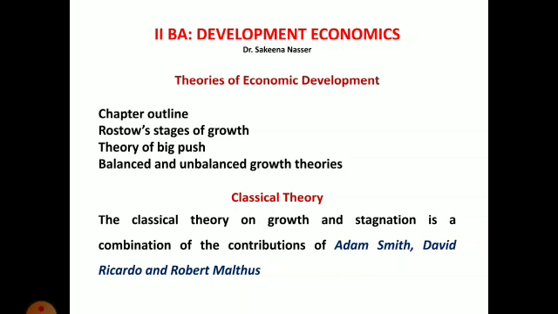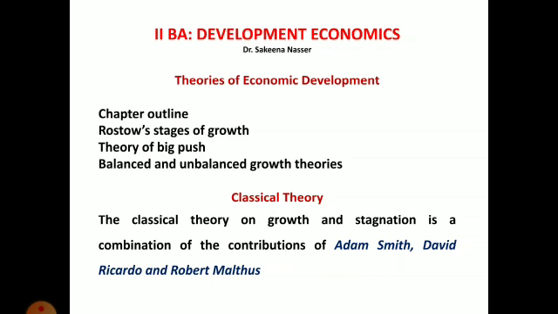The generalized classical theory on growth and stagnation is a combination of contributions of Adam Smith, David Ricardo, and Robert Malthus. All these are called the classical economists.